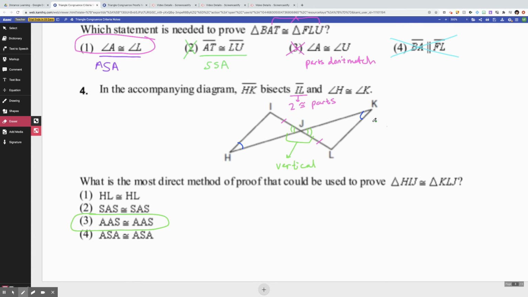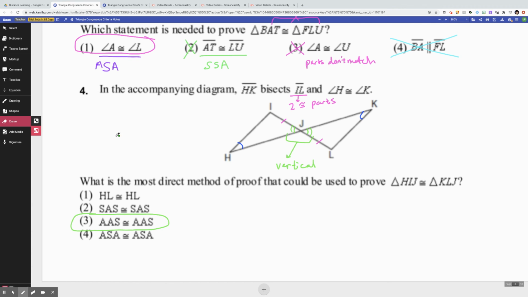If you are not given three sets of corresponding parts that are marked as congruent that you can easily use to identify if your triangles are congruent or not, look at the diagram and see if you can mark anything else just based on the diagram. Like here, I was able to mark just based on this diagram that these two angles are congruent because they're vertical.